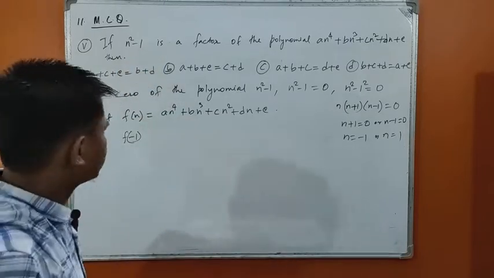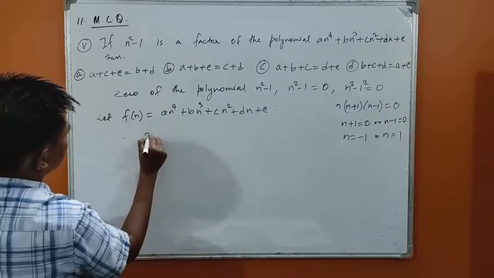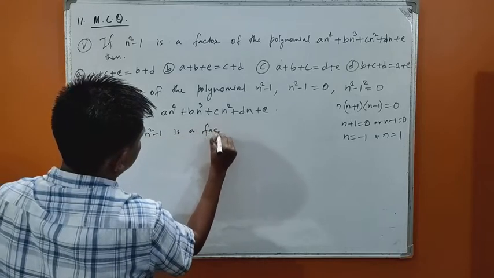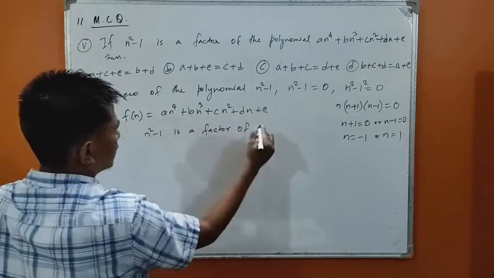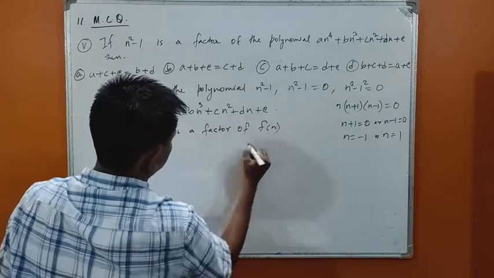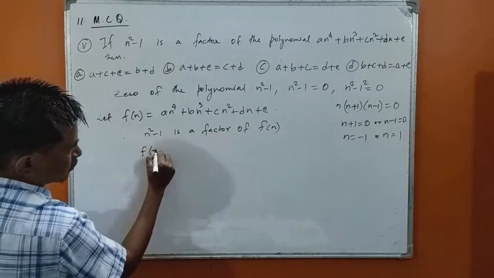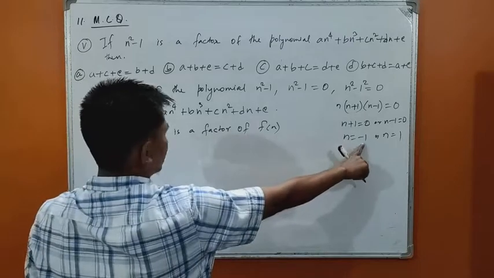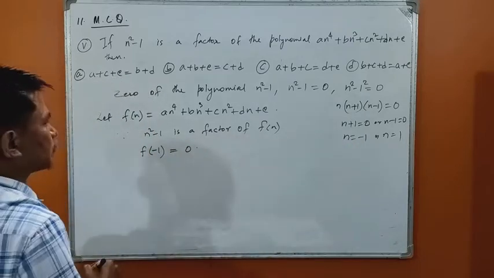First let me write that. Since x square minus 1 is a factor of this expression, f(x), that means f(-1). f(-1) means the remainder, isn't it? f(-1) should be equal to 0. Remainder should be equal to 0.